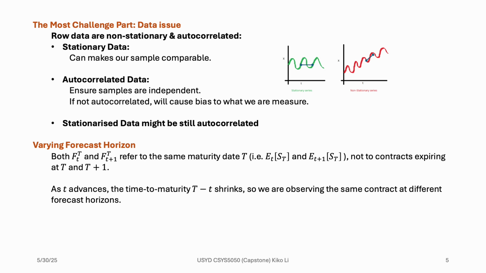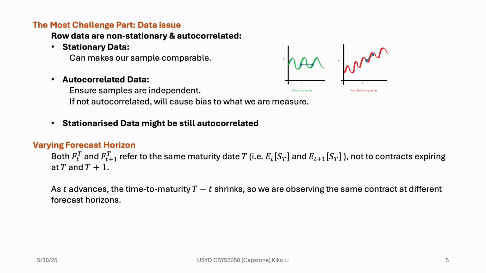Autocorrelation means today's price change depends on yesterday's or earlier, so our observations are not independent. If we ignore that, our statistical tests will be biased. Even after making the series stationary, some autocorrelation often remains, so we need a method to exclude or adjust for it.